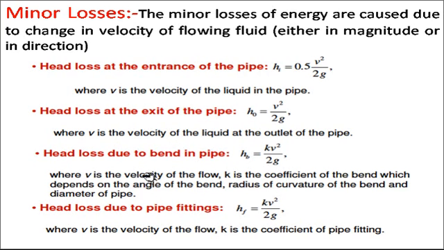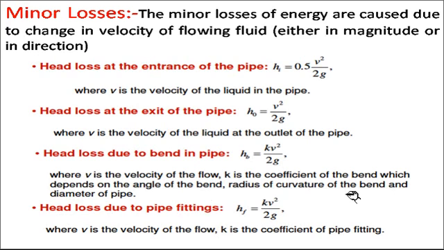The minor loss also takes place due to the bend in the pipe. The minor loss due to the bend in the pipe is given by K V square upon 2g, where V is the velocity of the flow, and K is the coefficient of the bend, which depends on the angle of bend, the radius of curvature of the bend, and the diameter of the pipe.